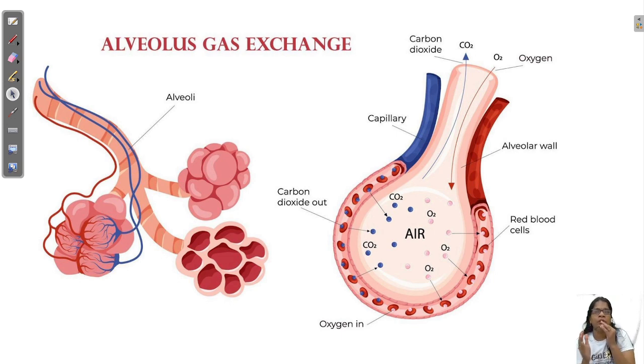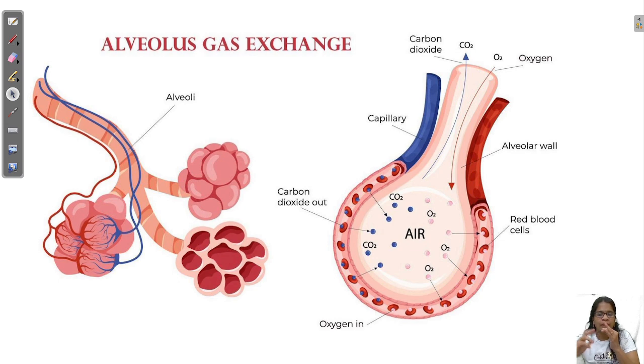So the RBC which are present in the blood are lined by the endothelium, right? And the epithelium cells of the alveoli are so close, with a minimum of 1 to 2 microns of space between them, that diffusion easily happens, through which the CO2 present in the blood enters into the alveoli, and the oxygen present in the alveoli enters into the blood, right?